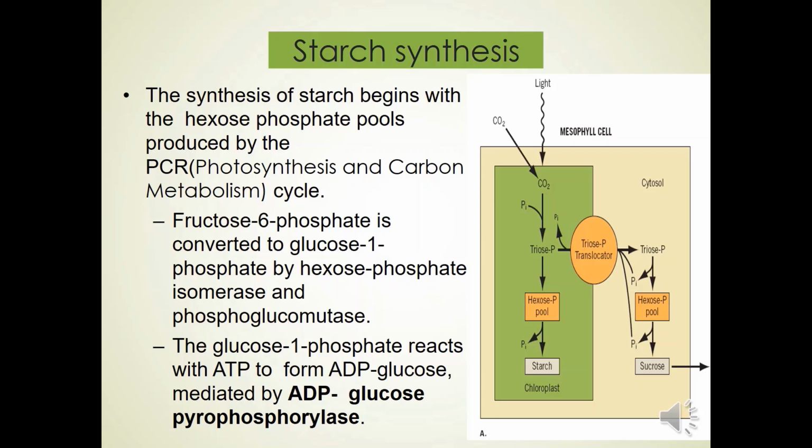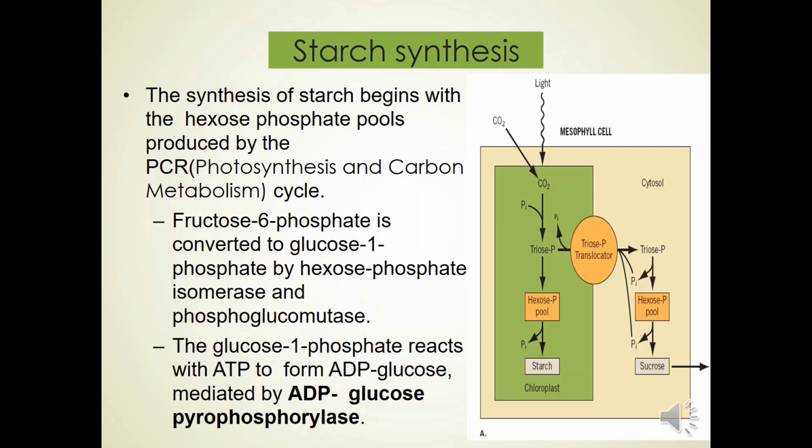So now we look at the synthesis of starch. In the general mechanism, you can see here using the photosynthesis process, meaning the light-dependent reaction, because here they are using light and they require CO2. During the photosynthesis process, they produce triose phosphate, meaning a 3 carbon sugar with a phosphate group.